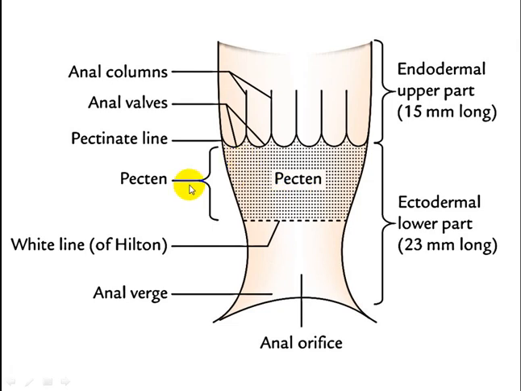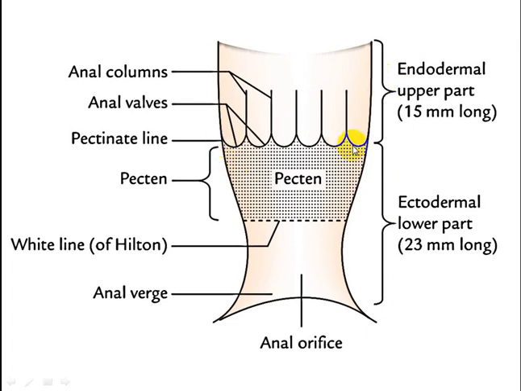This zone is called the pecten zone. Pecten zone means non-keratinized squamous epithelium, the subcutaneous part of the anal canal, while the lower part is stratified squamous epithelium with a keratinized part. Here the ectoderm is confined to about 2/3 of the anal canal, while the endoderm is confined to the 1/3.